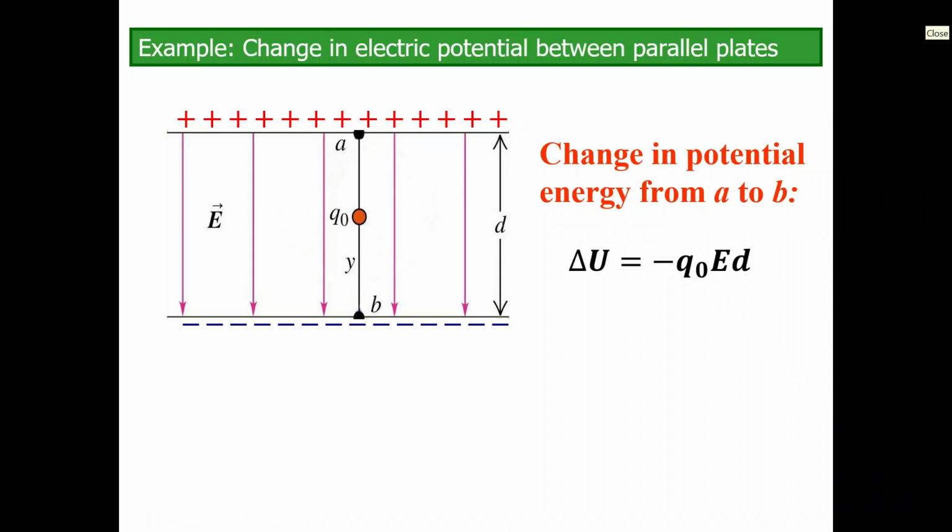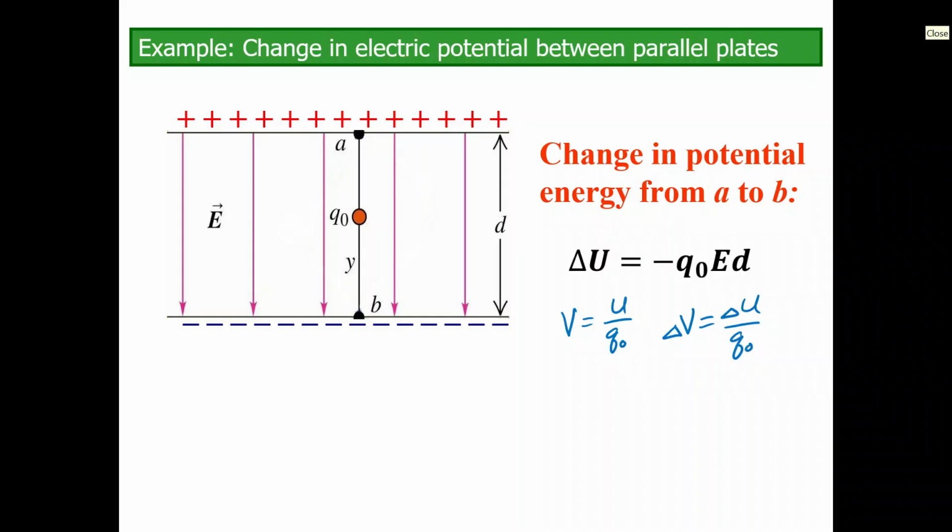So, for example, we have this parallel plate. We found that the change in potential energy as we go from A to B was delta U equals negative Q0E times D. Now, we said that U divided by Q0 was equal to V. Well, the same thing is going to be true in that delta V is going to be delta U over Q0.